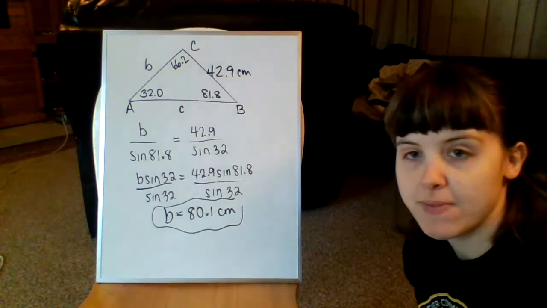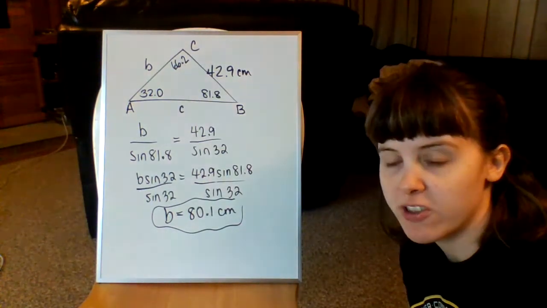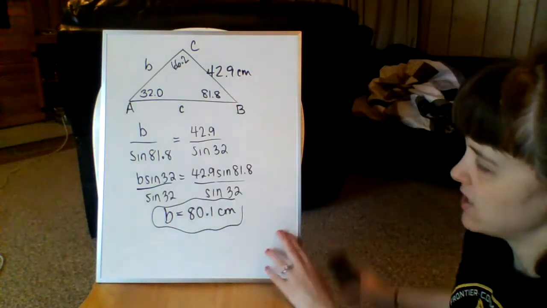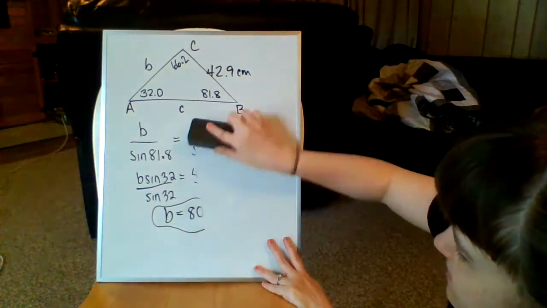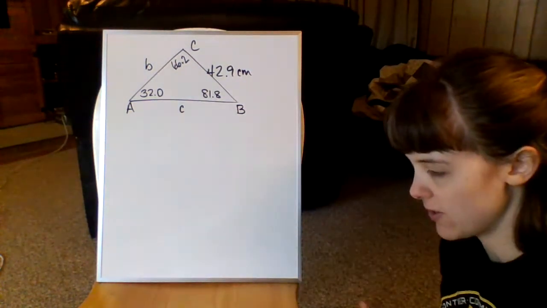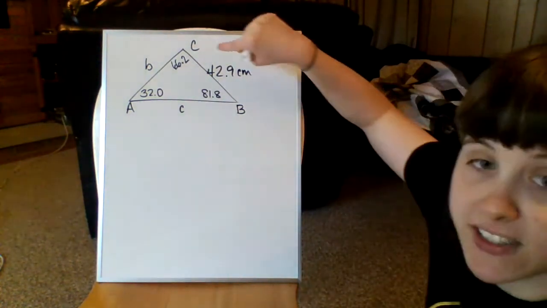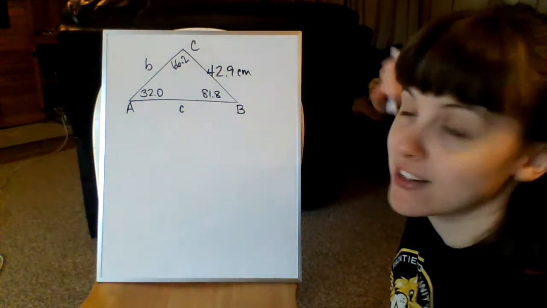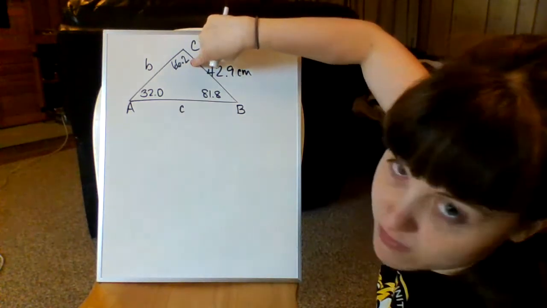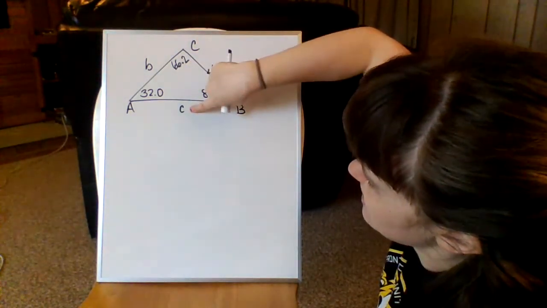Okay, so now we're going to do a similar thing to find side C. I'm going to erase this so that we can find side C. As you can see from the picture here, we have 66.2, and C is opposite that.